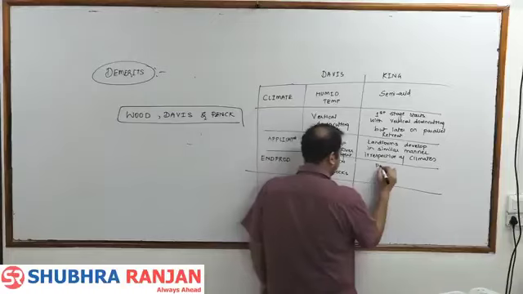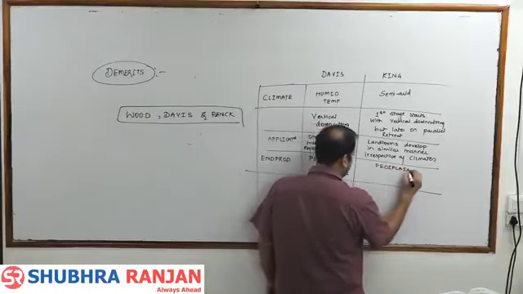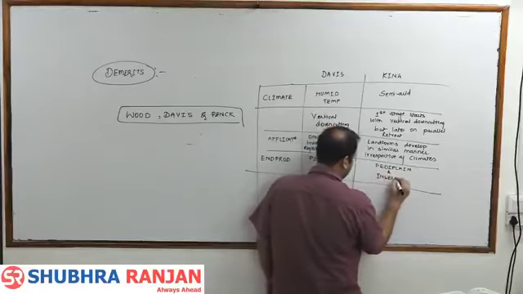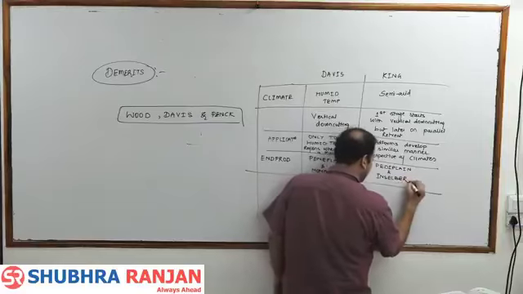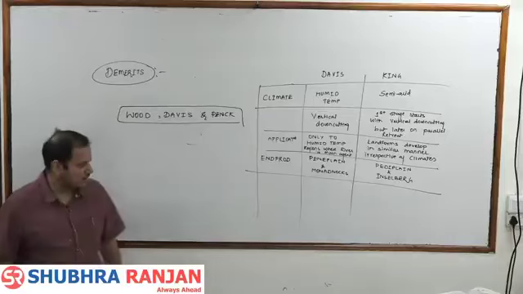End product: peneplain and Inselbergs या Kopjes. Small Inselbergs are known as Kopjes.